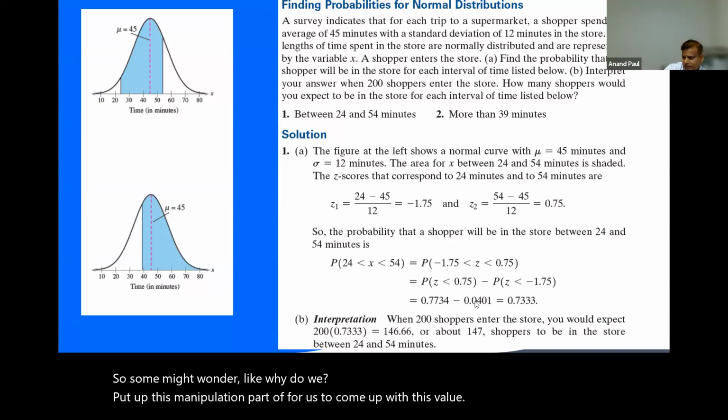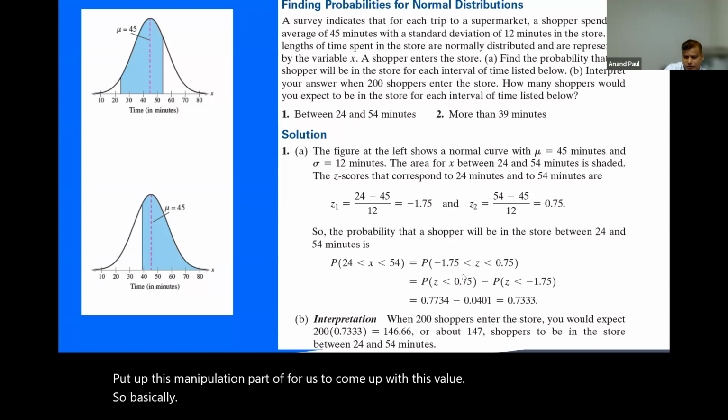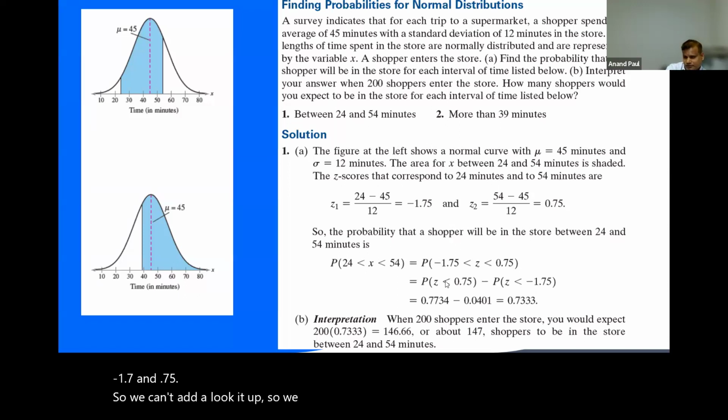Whenever you have this probability between two values, in this case between minus 1.75 and 0.75, we can't directly look it up. So we have to subtract it.